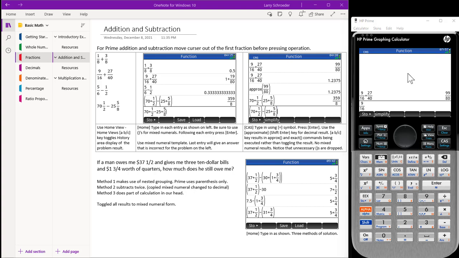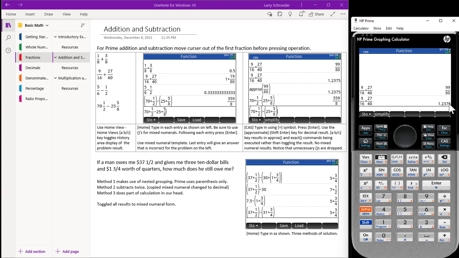Let's work a little bit in the computer algebra system. So let's hit the add, and then let's put 27, divide, 40. Instead of pressing enter, there's an approximate symbol here. So if we hit shift and enter, we get the approximate answer.